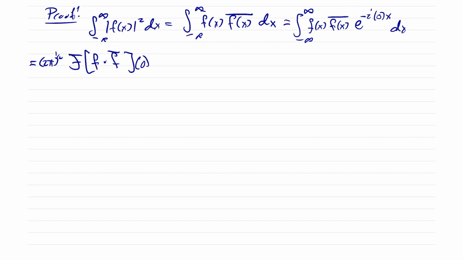Now I'm going to use the fact that the Fourier transform of the product can also be written as a convolution of the Fourier transforms. So this is going to be 2 pi to the 1/2 times 2 pi to the 1/2 again, of the Fourier transform of f convolved with the Fourier transform of f bar, and then this evaluated at 0.